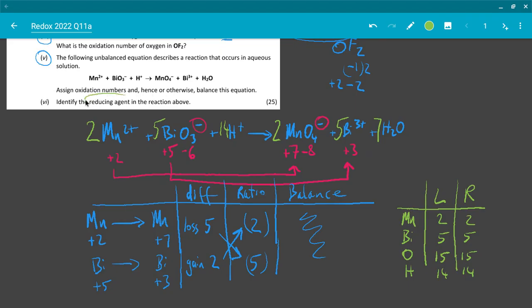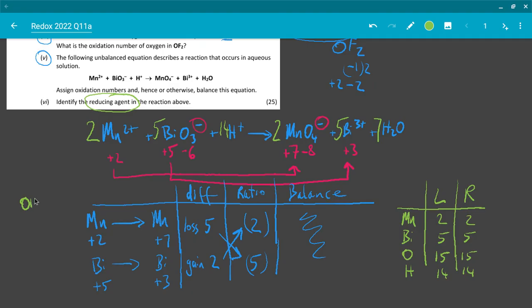And the last part of it, identify the reducing agent. Well, the reducing agent is the thing that is oxidized. It brings about a reduction in something else, so it itself is oxidized. So what brings about reduction? Or we could ask, what's oxidized?